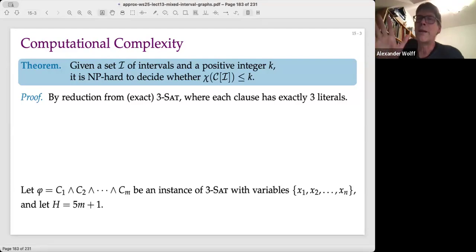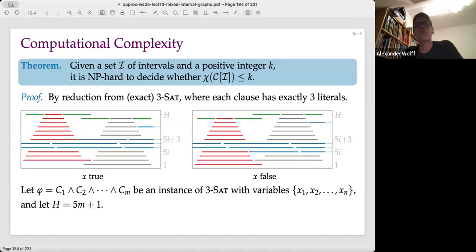And I will mainly prove by picture. Don't worry. But of course, we are given these clauses, and we use variables x1 to xn, and then there's a number h. This h will play the role of k here.